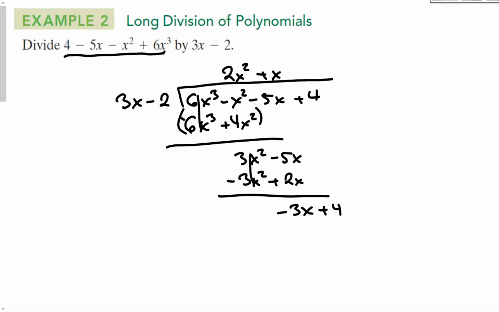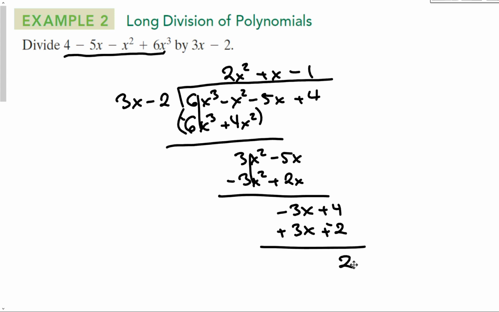And do it all again. So now, when I divide, negative 3x divided by 3x is minus 1. Which gives me negative 3x. Minus 1 times minus 2 is plus 2. Subtract, and I get 2.